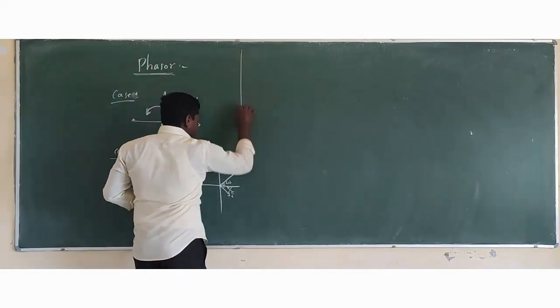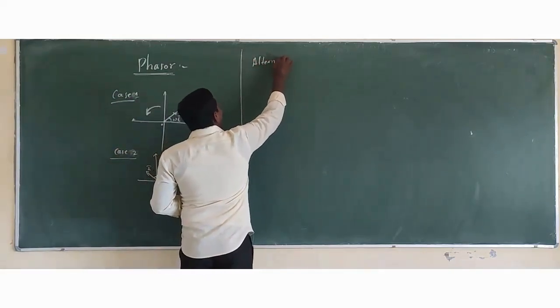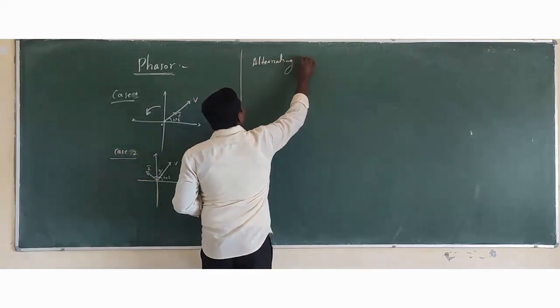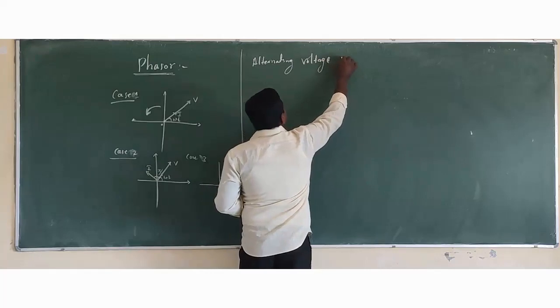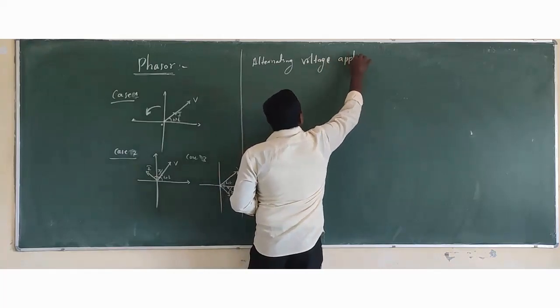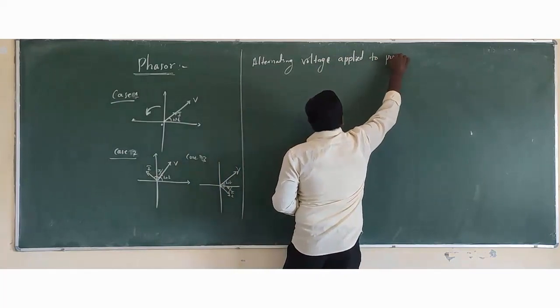And the first one is alternating voltage applied to a pure resistor.